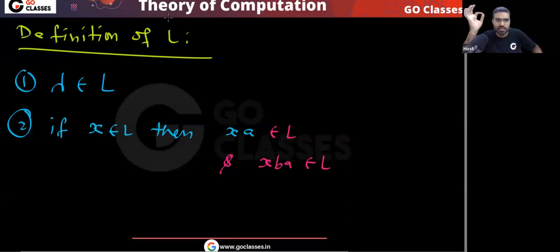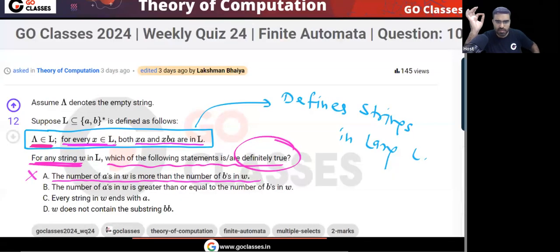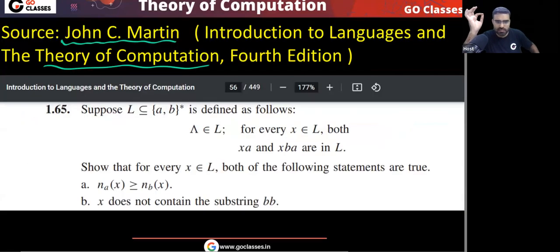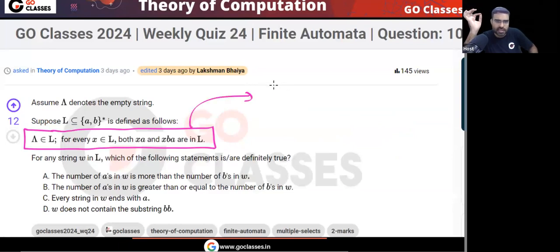Please read this line in the question. What is this saying? This is saying that the empty string belongs to L.